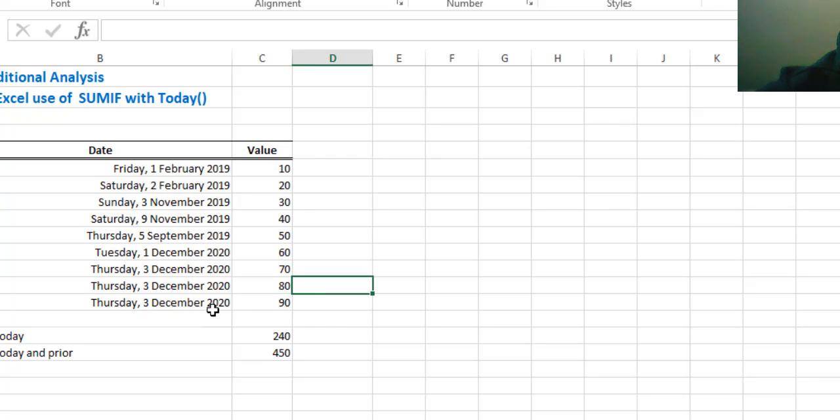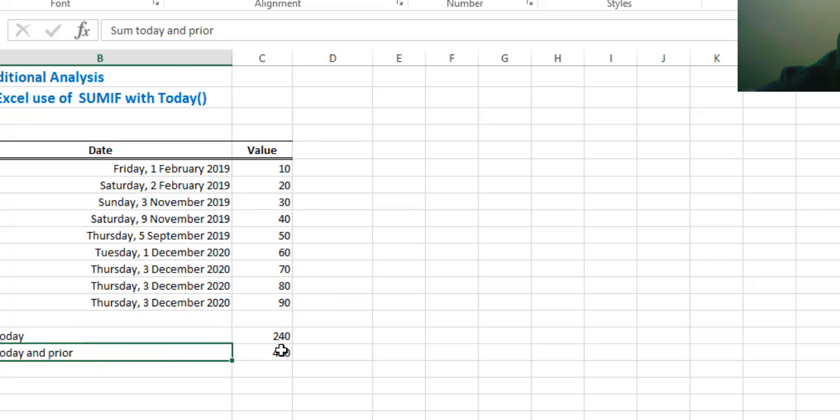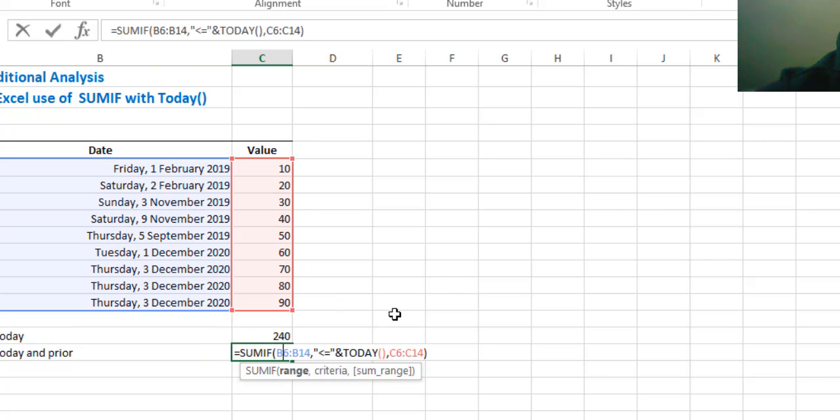And in the next, we can also use this formula to sum the values in this range for today's date and prior dates, older than today. So this old data is taken into consideration, and in this formula B6:B14 is the range.